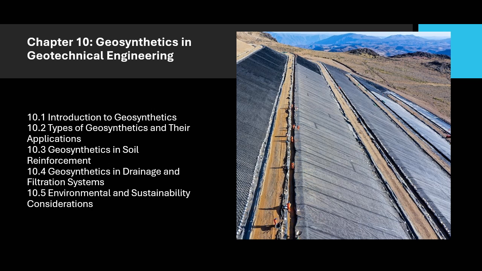Description. Geocomposites combine two or more geosynthetics, e.g., geotextiles and geogrids or geotextiles and geomembranes, to provide multiple functions such as drainage, reinforcement, filtration, and separation.